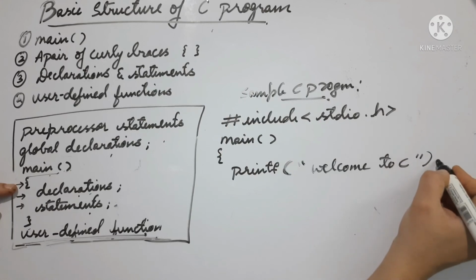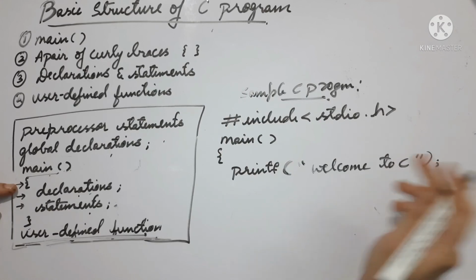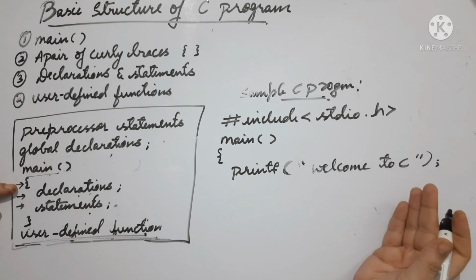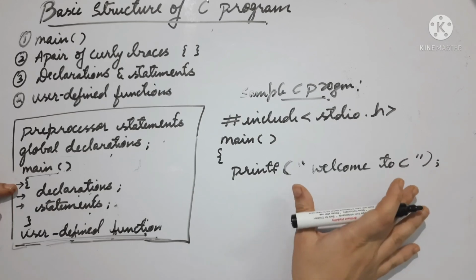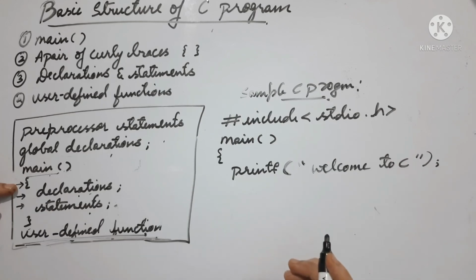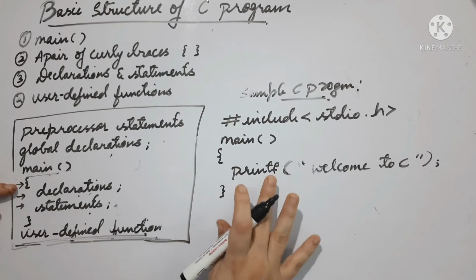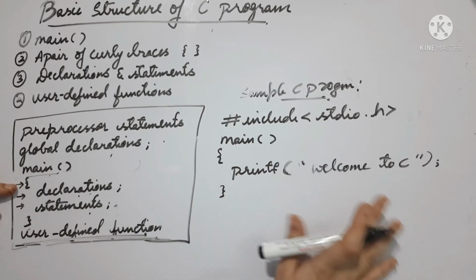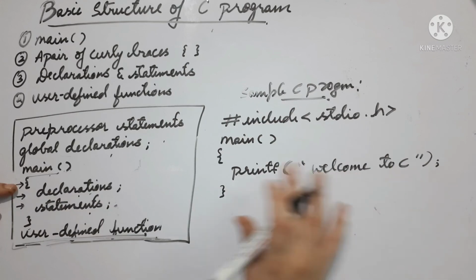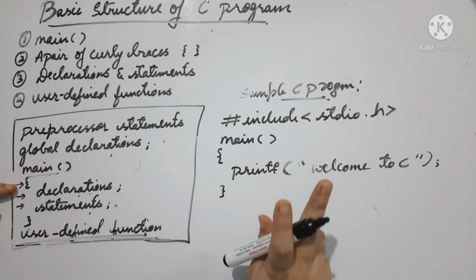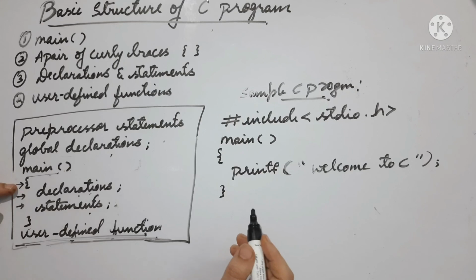Close this and end with a semicolon. You might be asking why I am writing in this way, because this is the syntax followed for the C programming language. Then I will close my flower bracket because my task is done. In this body I have only one statement. So this is your sample C program.